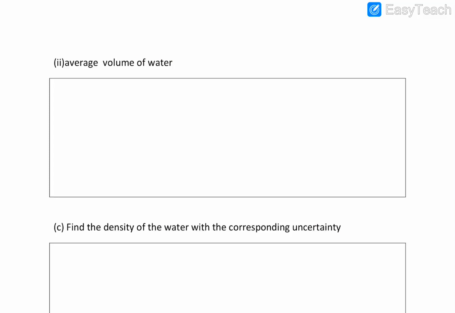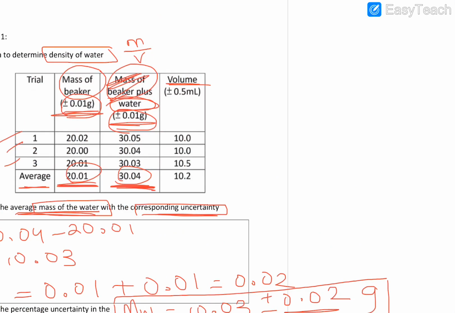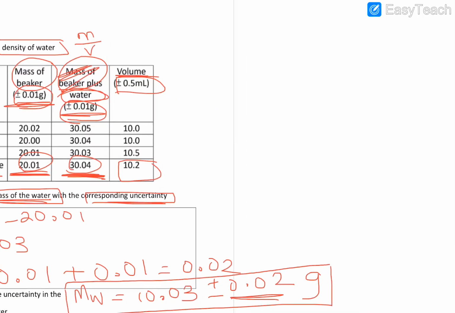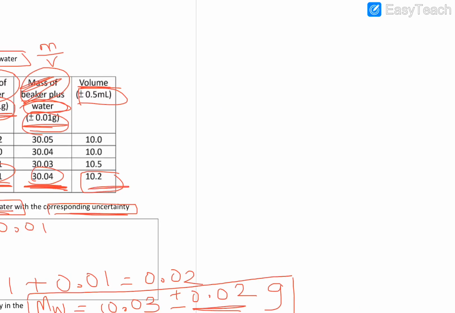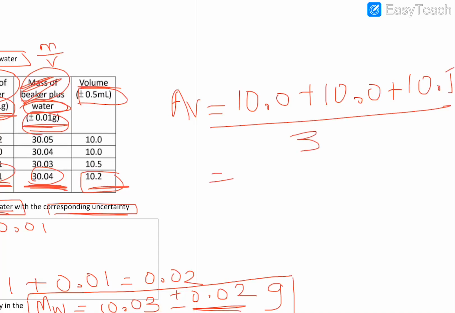So average volume of water. So the volume of water is 10.2 and the error is 0.5. Now, because it is an average, so let's see how this average has been found. So 10.2, the average is 10 plus 10 plus 10.5 divided by 3. This is how I get 10.2. So how do I get the uncertainty now for this one?